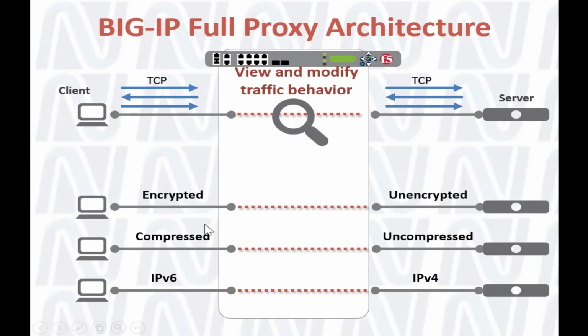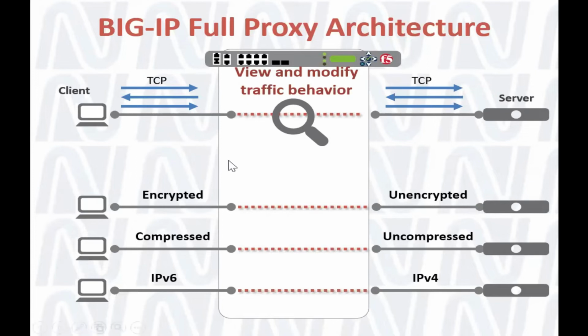Then encryption: you can have encryption from client to the F5, and from F5 to the server it can be unencrypted traffic. We will talk about SSL profiles, what SSL offloading is, what SSL bridging is, what settings need to be done and how we can change them, but later on, not now.